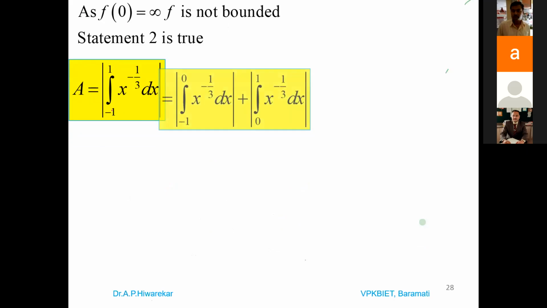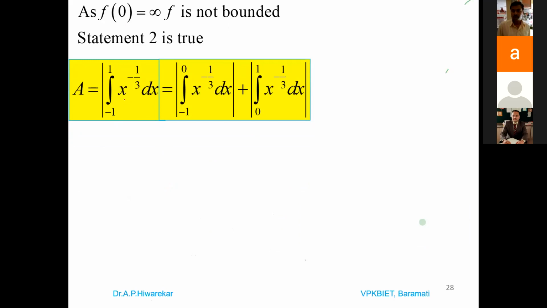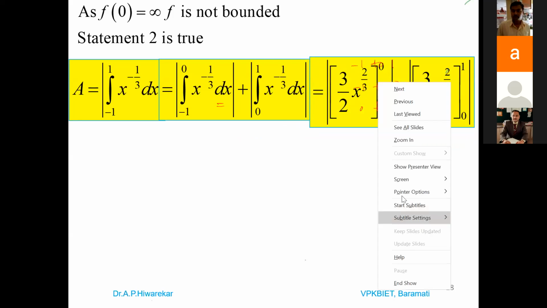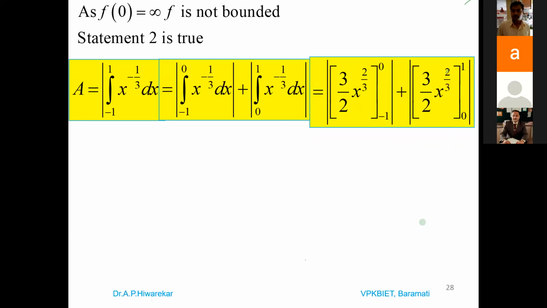Then the value of A is the integration from -1 to +1 of the modulus of x to the power -1 by 3 dx. You divide the interval -1 to +1 as -1 to 0 and 0 to 1. Then when you calculate, you will find it is 3 by 2 x to the power 2 by 3 from -1 to 0, and then 3 by 2 x to the power 2 by 3 from 0 to 1.